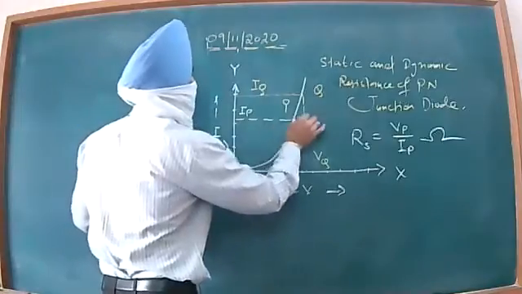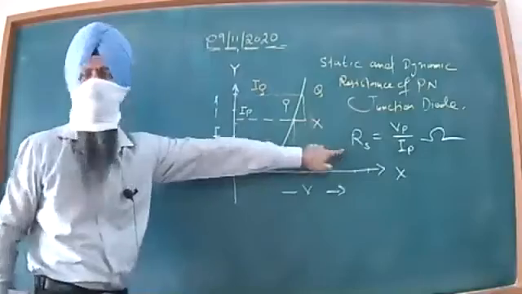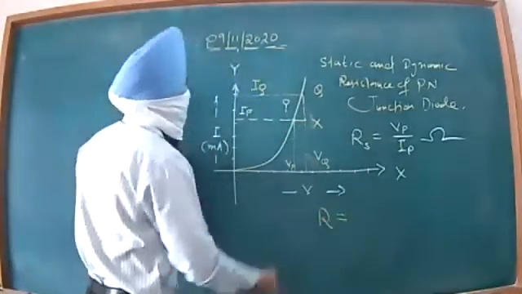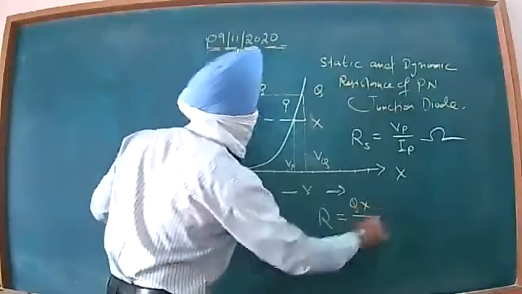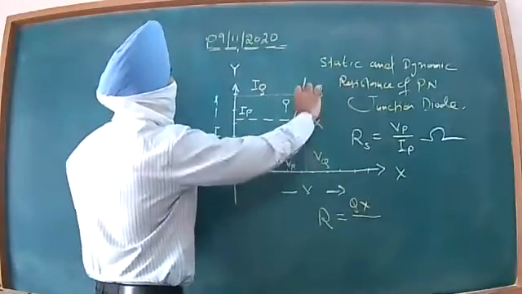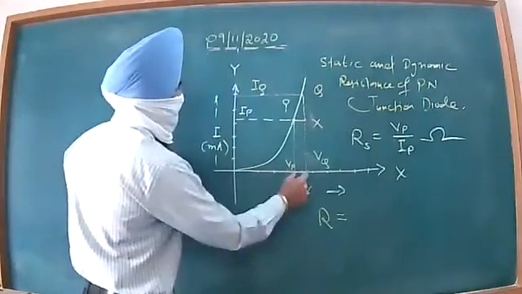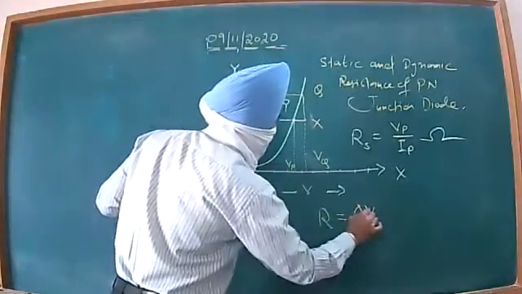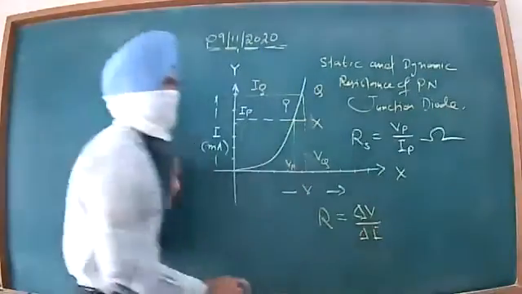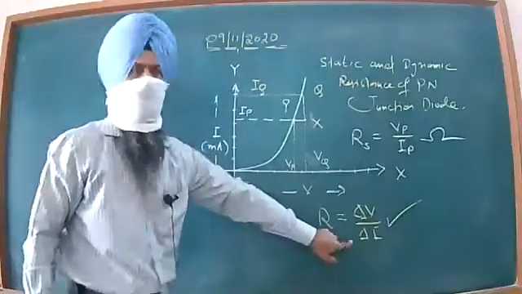If I complete this triangle PQX, in this triangle, the resistance is PX divided by QX, or in simple words, this will give you delta V, the change in the voltage across this range, divided by the change in the current across this range.